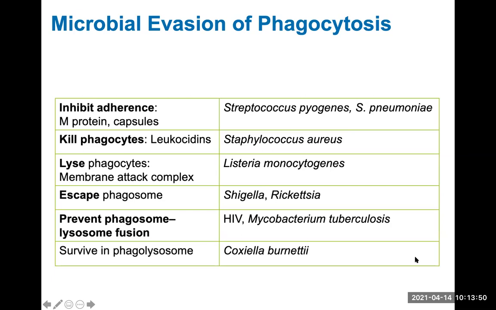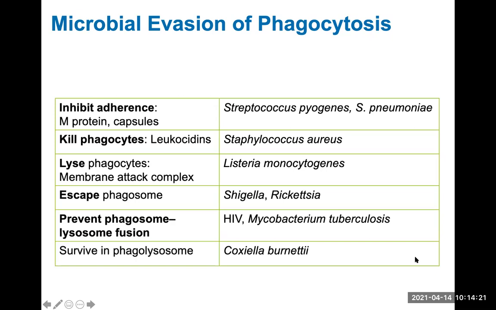We see these evasion strategies in different microbes, but we don't call it resistance, and we don't see this like spreading of these traits. It seems to just be very specific types of microbes that have these natural properties that evade phagocytosis. Okay, and then we'll see that again when we look at the complement system.